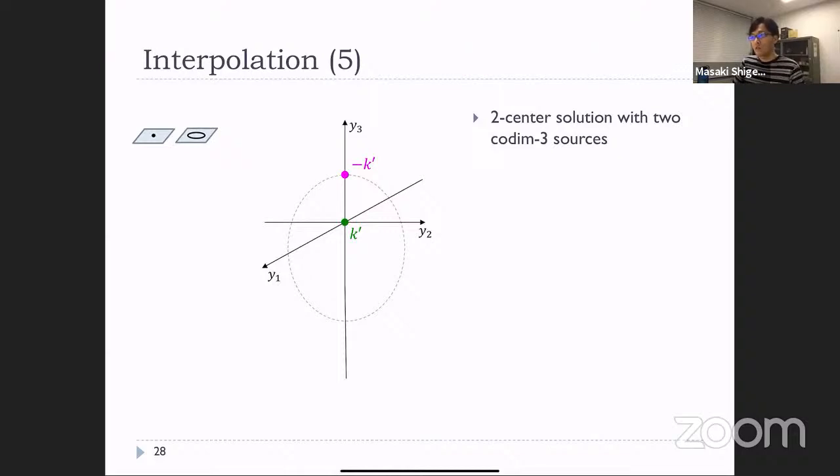Yeah, it sounds a little familiar from our earlier stuff on, I vaguely remember threading charges through black rings and things like this. Okay. So clearly for a black ring, for example, there are two patches, there are two gauges. One of them is with the Dirac string outside, and the other one is with the Dirac string inside. And you have to go from one to the other one.